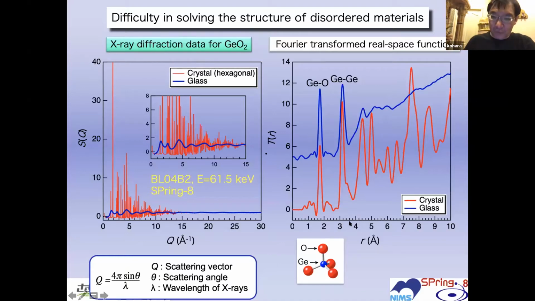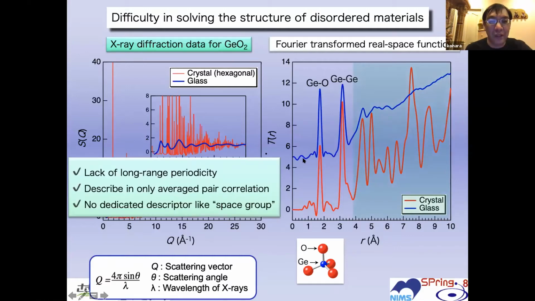However, over 4 angstrom, the crystalline phase still shows significant oscillations due to periodicity, but in the case of glass, it is very broad and there is not much information in the long distance region. So this is a very difficult point in glassy materials, because there is almost no long range periodicity, and we can describe it only with the averaged pair correlation.